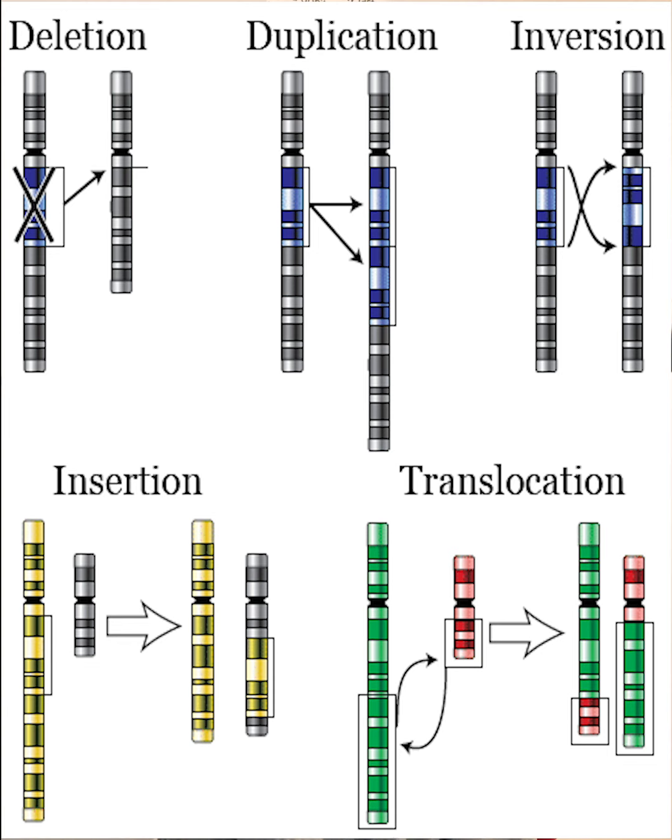Talking about duplication, it happens when there's the presence of one extra segment of the genetic material. Insertion is when there's an added part or segment from another chromosome.